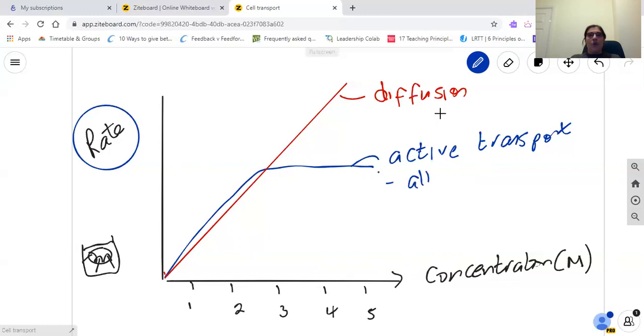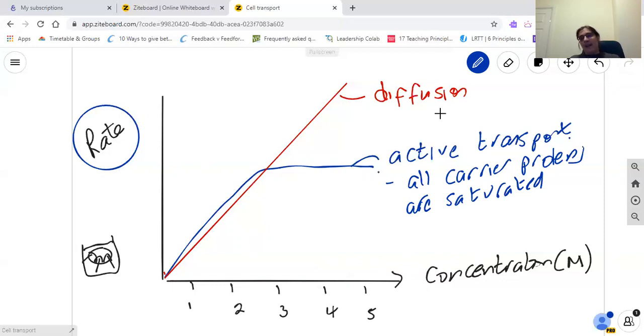So it's when all the carrier proteins are saturated, and that's why it ends up leveling off or plateauing. And remember, when you're asked about graphs, look really carefully at what is on the x-axis, what is on the y-axis.